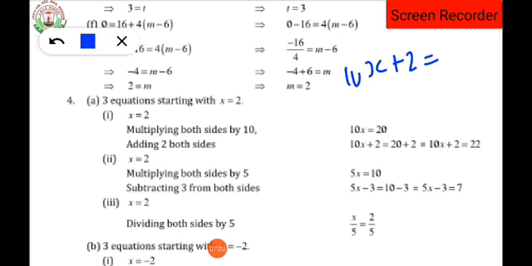So 10x plus 2 is equals to 20 plus 2, that will be 22. So the equation will be 10x is equals to 20. Clear everyone? Next we can create the next equation as 5x is equals to 10. While substituting the value 5 into 2 is equals to 10 itself, that's why it is correct, isn't it?